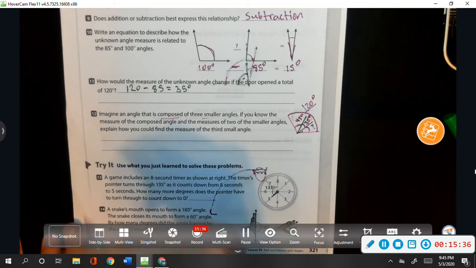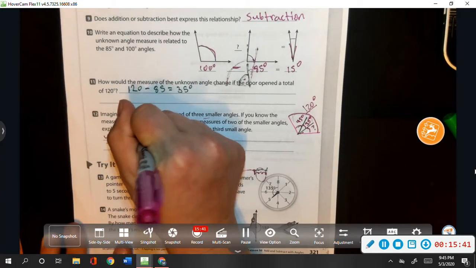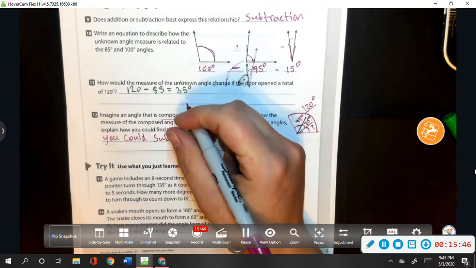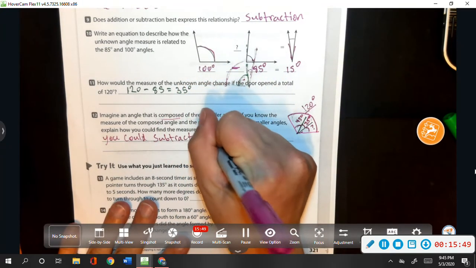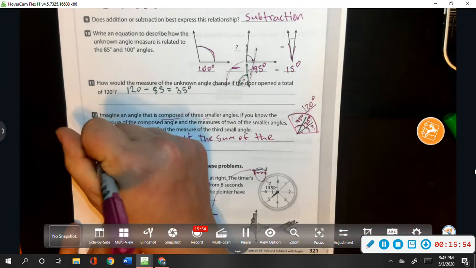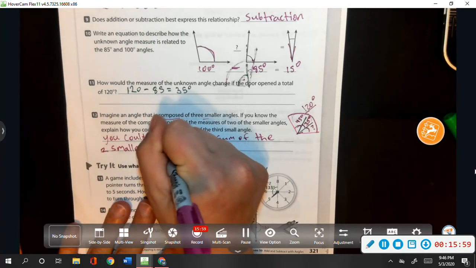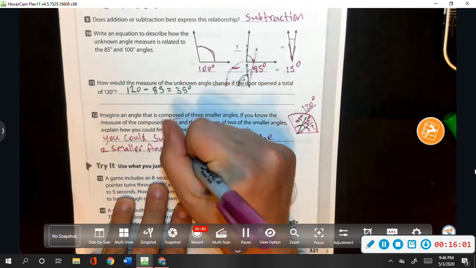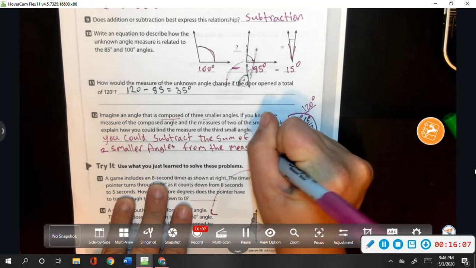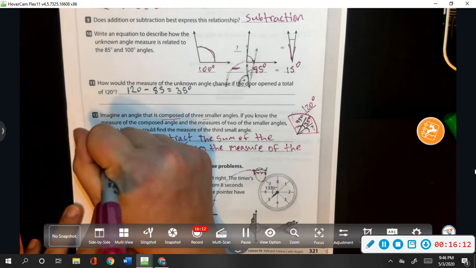So we could subtract the sum of the two smaller angles from the measure of the composed angle, the large angle.